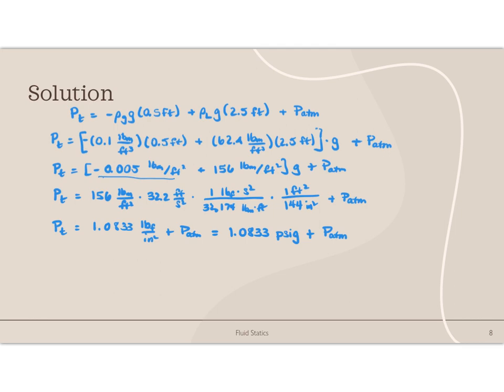And if we say that that was, say, 14.7, then this would be 15.783 PSIA. Okay, so A at the end means absolute. G at the end means gauge.